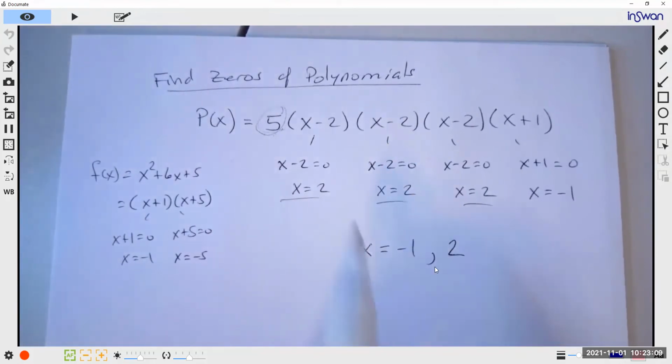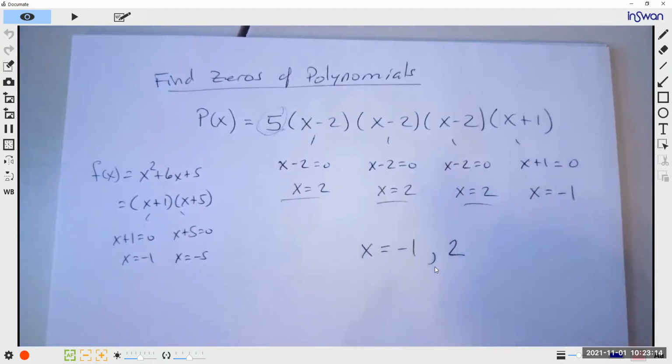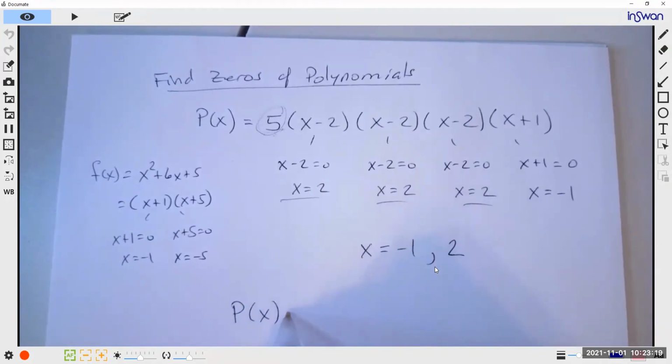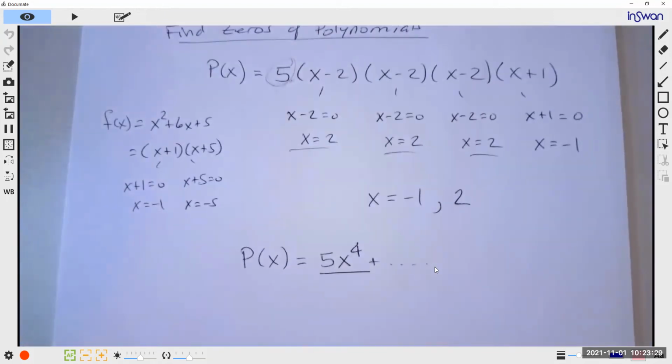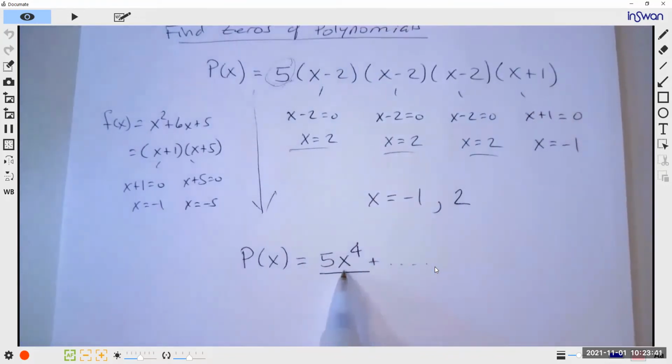But if we looked at this equation originally, before we factored it, the leading term would look like this, because we have x times x times x times x, which is x to the 4th, and the leading coefficient is 5.